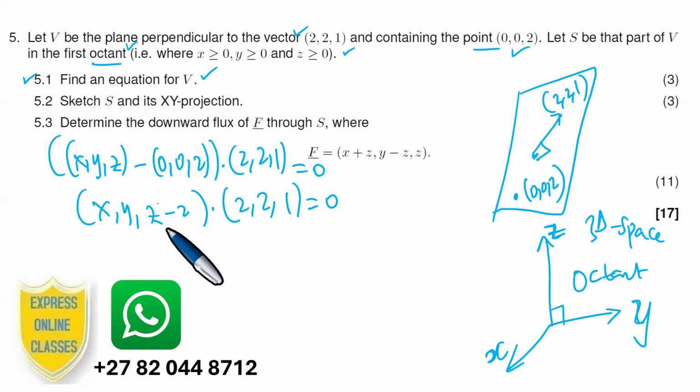So you have been given this plane V and the properties that come with it.